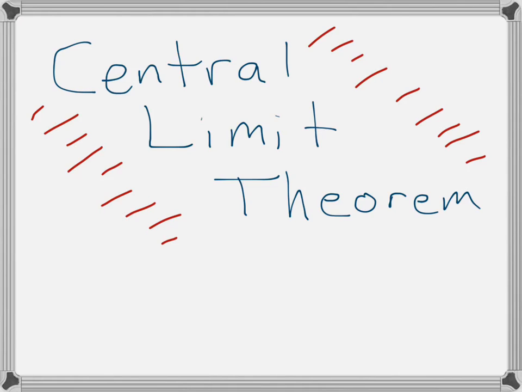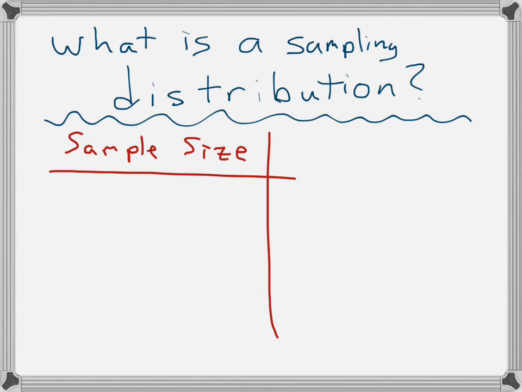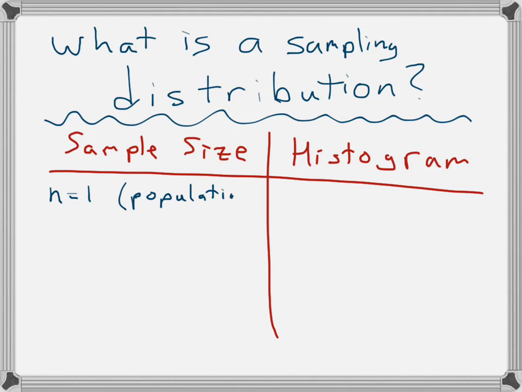So first of all, in order to understand the central limit theorem, you need to know what a sampling distribution is. What is a sampling distribution? Let's take a look at different sample sizes. If you take a sample size of 1, that means you're taking a look at the population, right?